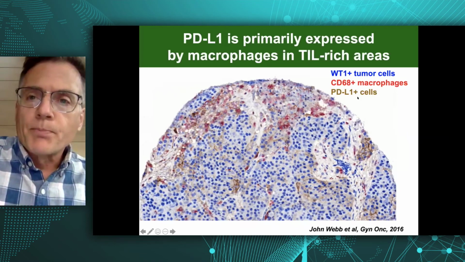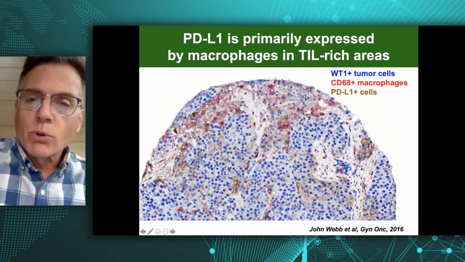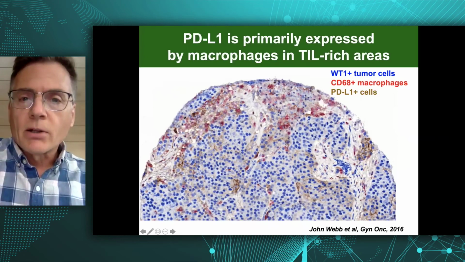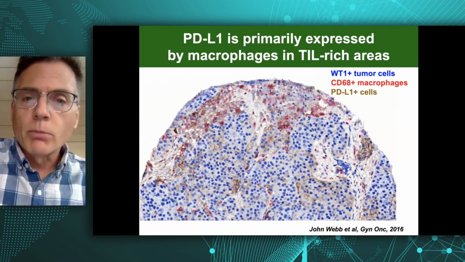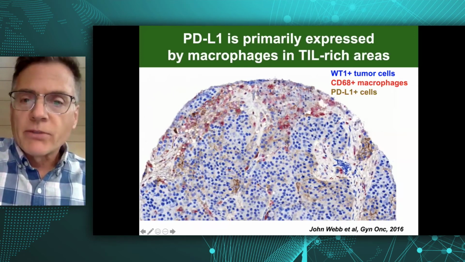With this three-color staining, the tumor cells are WT1 positive in blue, the macrophages are in red, and PD-L1 again in brown. You can see there's a lot of PD-L1 expression in these macrophage-rich stromal regions, and much less so in the malignant epithelium, with some exceptions as shown here.